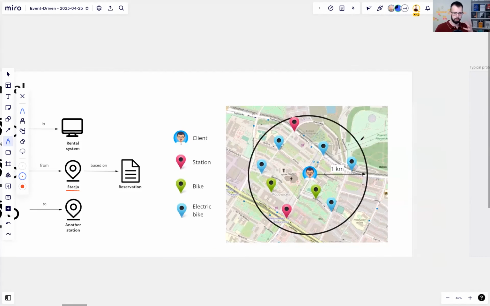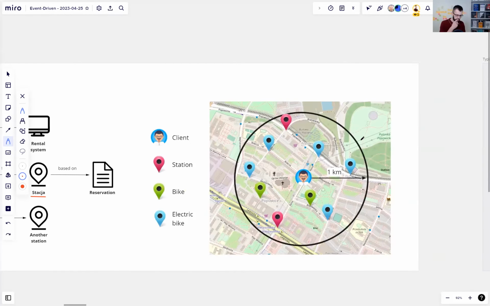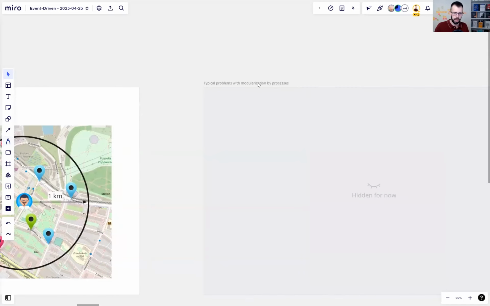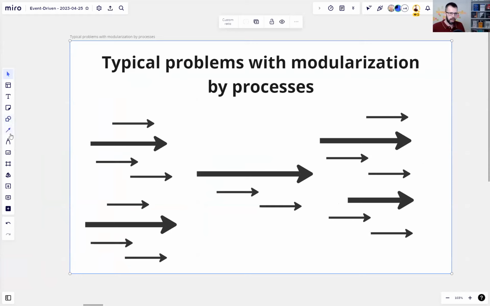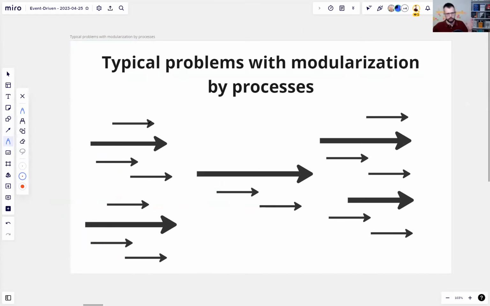So the typical approach of modularization in these kinds of systems would be to modularize the system by different processes. So we discuss the processes, and then we split the system into different parts. We can visualize it as bigger arrows and some smaller arrows around.